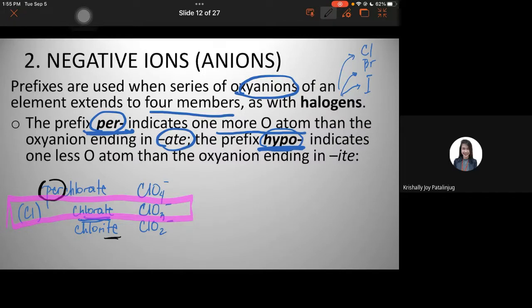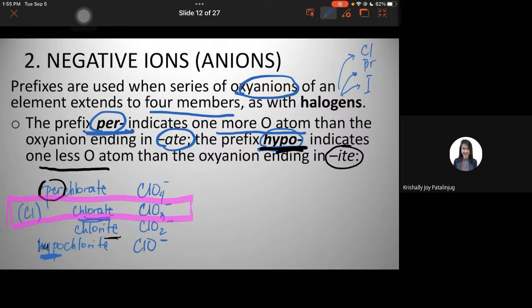Okay? Next, hypo. The prefix hypo, this time it indicates one less oxygen from the oxyanion ite. So from chlorite, it becomes hypochlorite if one less oxygen from chlorite. Okay, remember hypo prefix means super low.